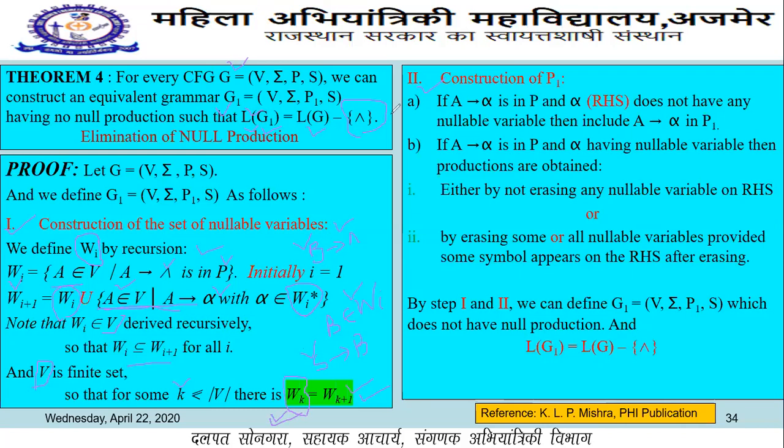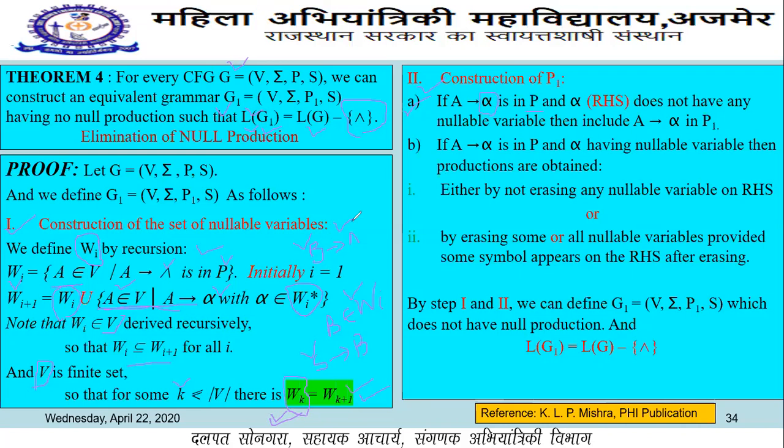Now we go for step second. In this step we construct the set of productions, meaning a simplified set of productions. In step first, we include all those productions which are available in P whose right hand side does not have a nullable variable.